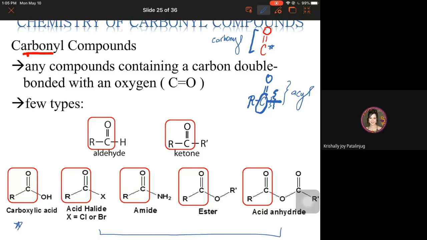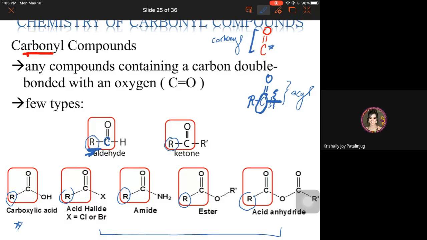Now, talking about the R groups, ito yung mga R groups of the acyl group. The R part is any organic structure. Pag sinabing any organic structure, ibig sabihin, ang atom that is directly attached to this carbonyl carbon is another carbon.